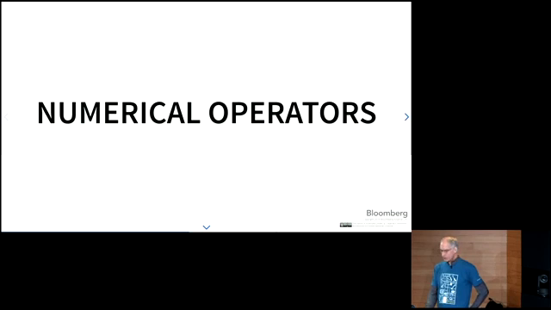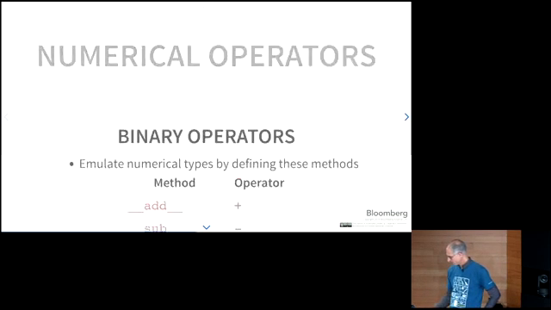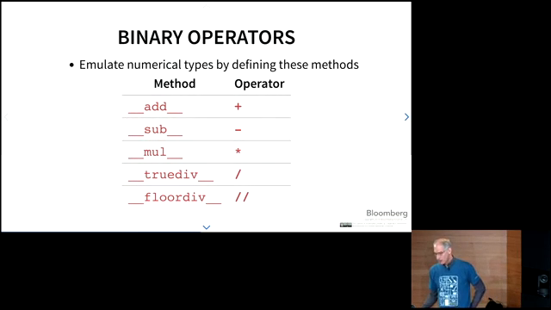Next up are the numerical operators. This allows you to emulate numerical types by defining these methods. So they're the operators plus, minus, star, single slash, and double slash. We're talking strictly Python 3 here.